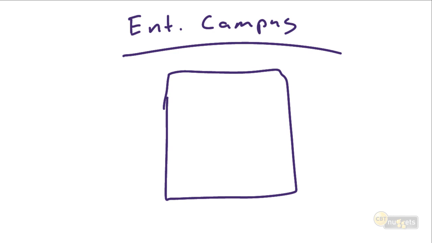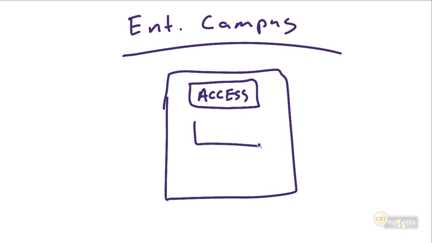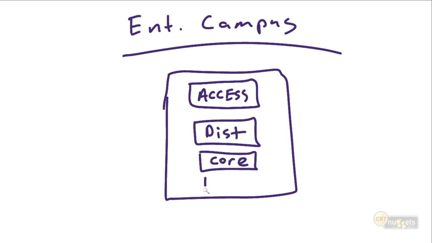When we look inside the enterprise campus, guess what we're typically going to find? An access module, a distribution module, a core module. We may even have a data center module inside the enterprise campus. Wow. So notice we break it down into these modules.